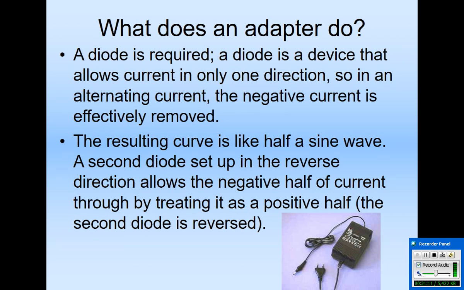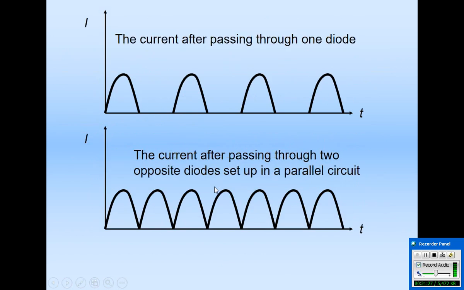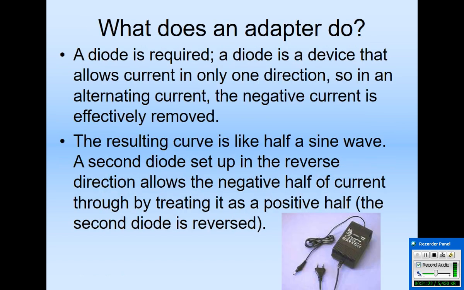Now, why is this diode important? Because we want to have an output current that is always positive. That's what DC is. If I have incoming current that is alternating from positive to negative, that's not going to be very helpful. What we do is we have a diode that accepts current traveling in one direction and allows that current to travel through it.